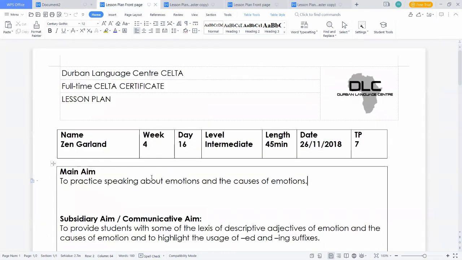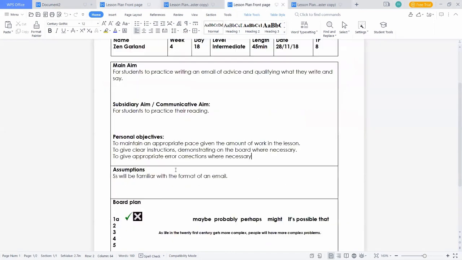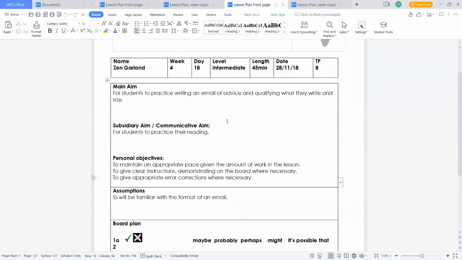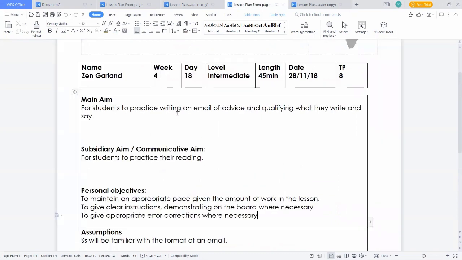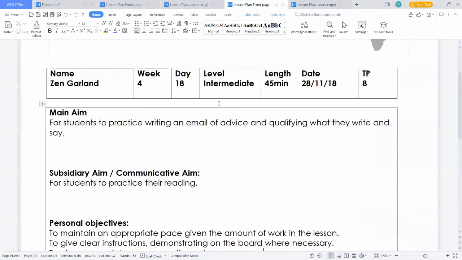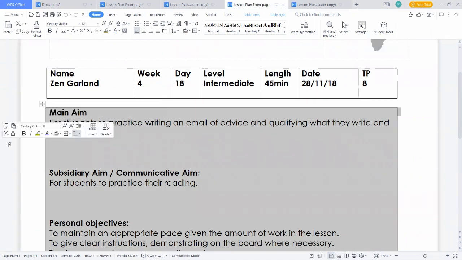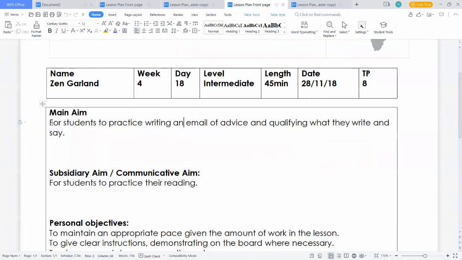You'll see here an example of a lesson that I did on the CELTA. Here's my main aim that I wrote on the course: students to practice writing an email of advice and qualifying what they write and say.